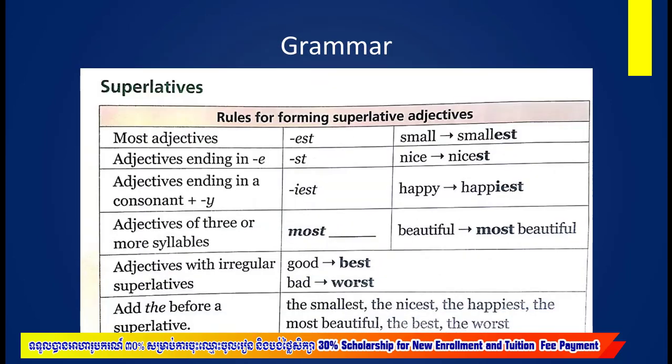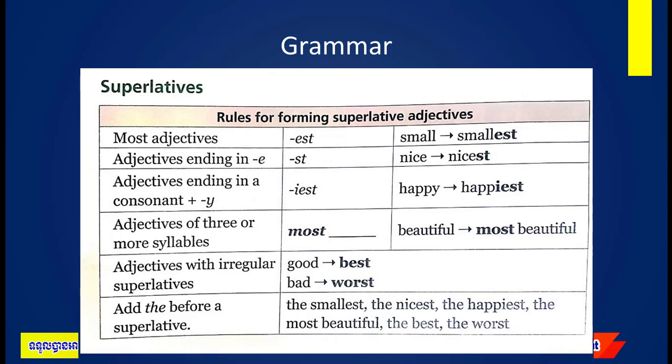Again, everyone, be careful when you are changing the form between the superlative adjective and the comparative adjective. The comparative adjective uses er or changes y to ier and is followed by than. But the superlative adjective is formed with the and is not followed by than.